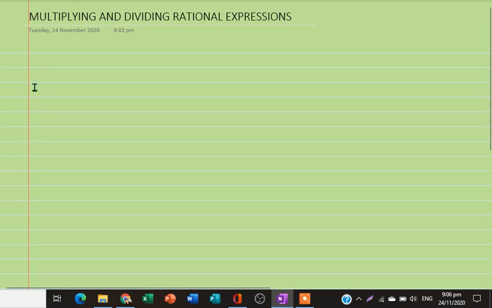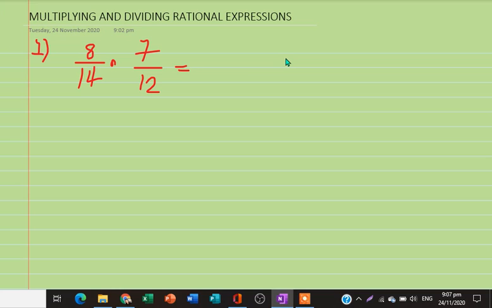Say for example, when you say rational expression, this is just a fraction. Say, for example, we have example number 1, which is 8 over 14 times 7 over 12.